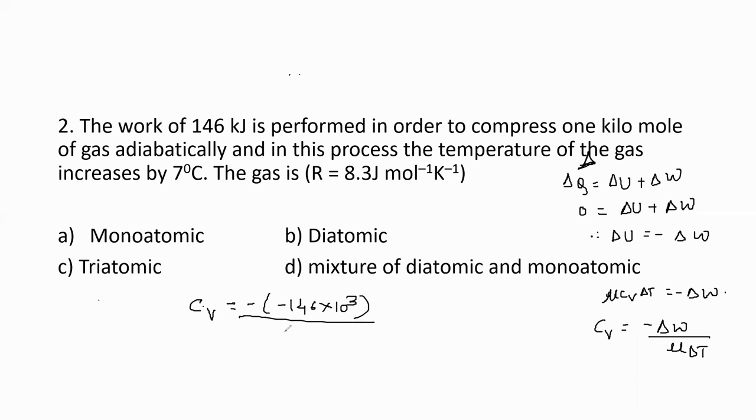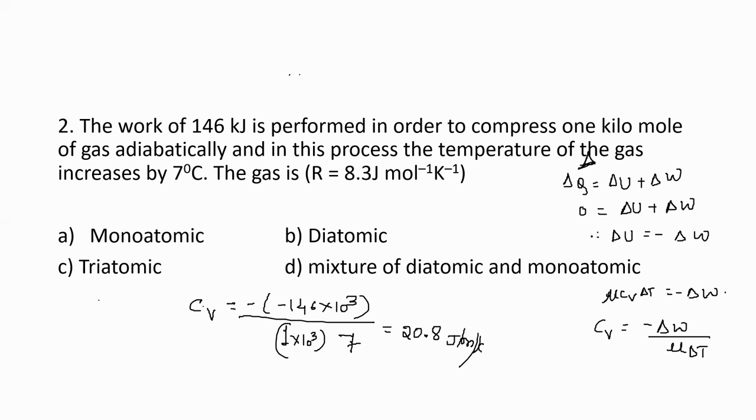So 1 kilomole they have given, that is 1 into 10 raised to 3 into delta T. The temperature is 7 here. If we simplify this, we will get CV is equal to 20.8 joule per mole per Kelvin. This is the value of CV.